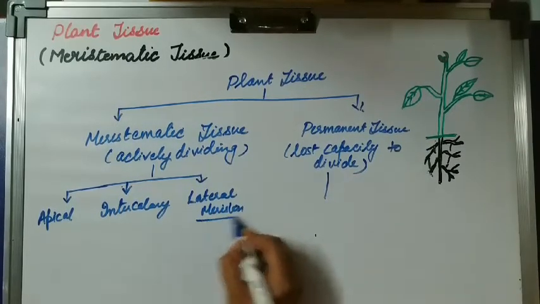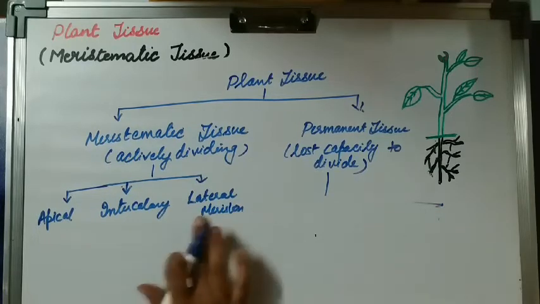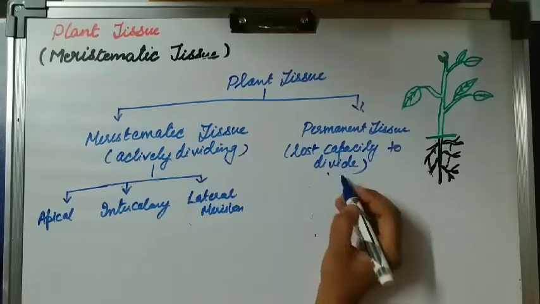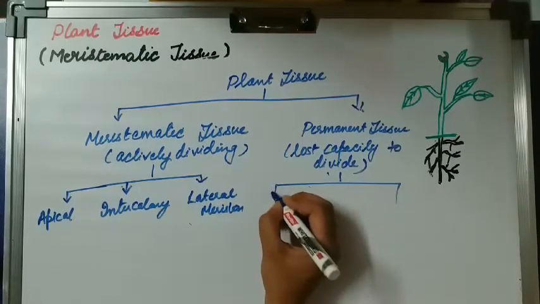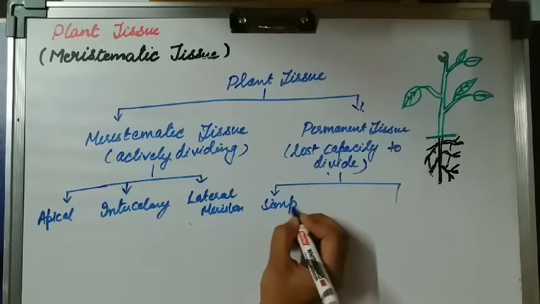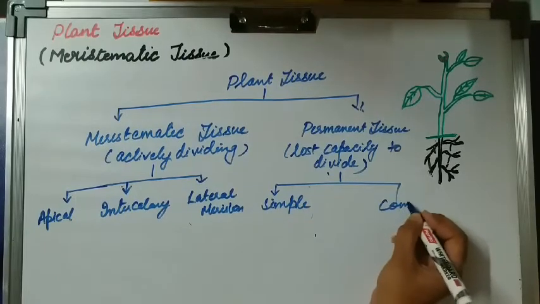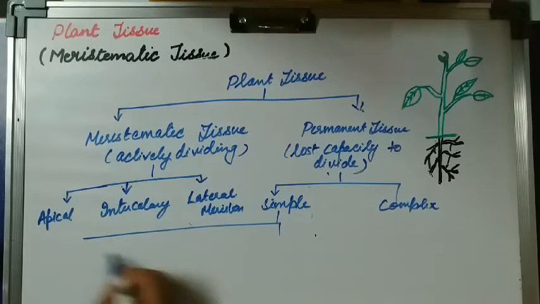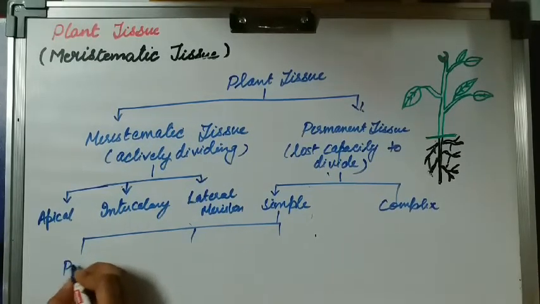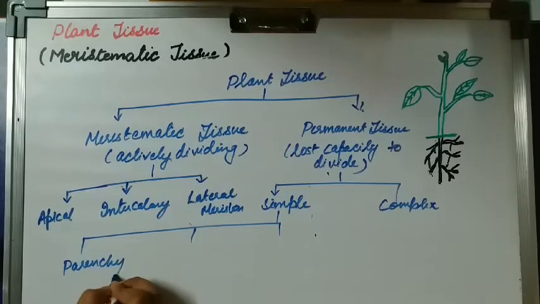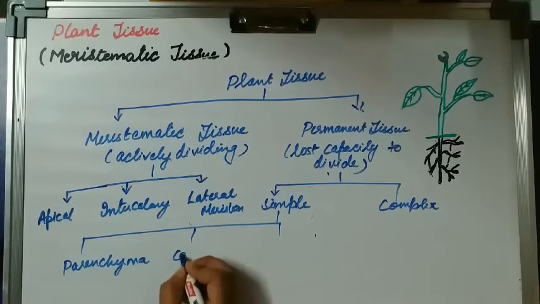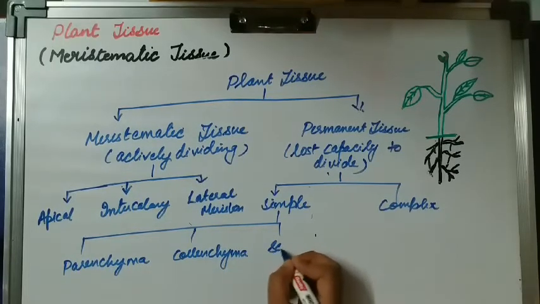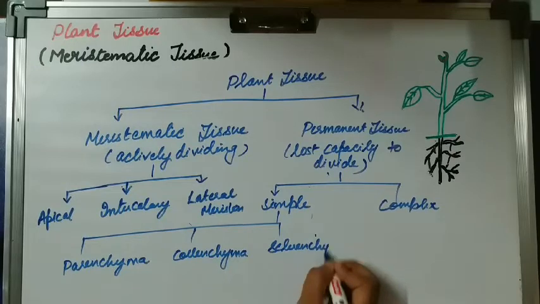Whereas the permanent tissue is divided into two, that is your simple tissue and complex tissue. Now this simple tissue is further divided into three, that is your parenchyma, collenchyma and sclerenchyma.